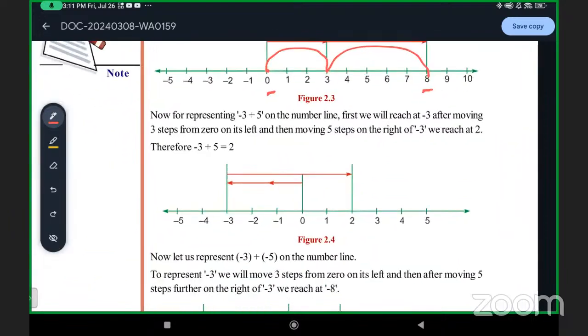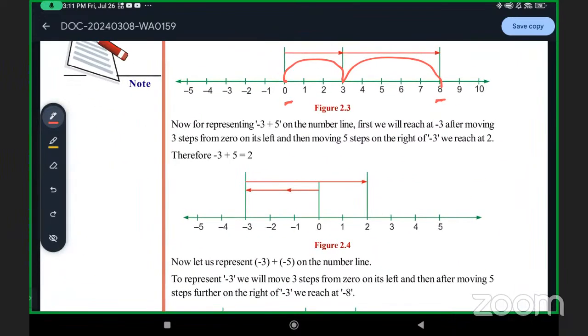Then next one, we have minus 3 plus 5 on the number line. First we will reach minus 3, from 0 to minus 3 we will go, like this.